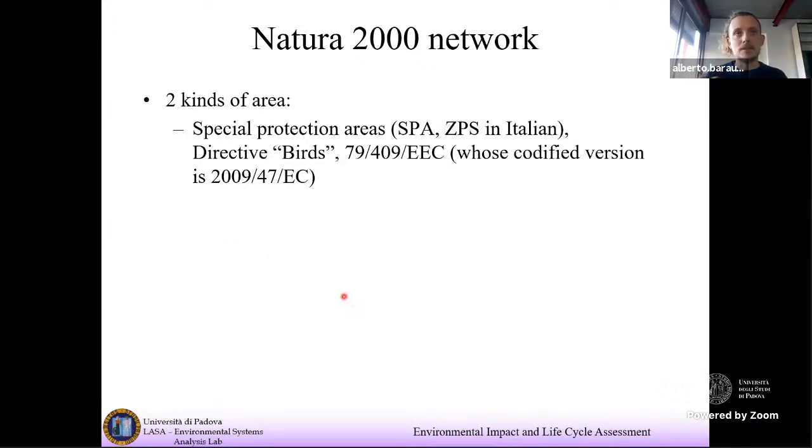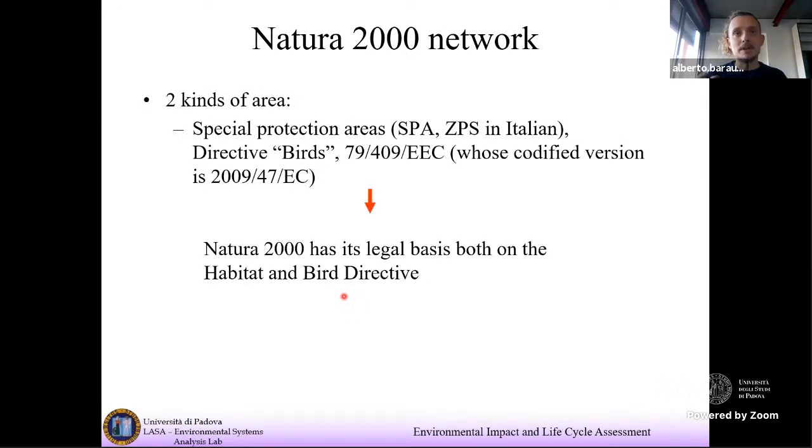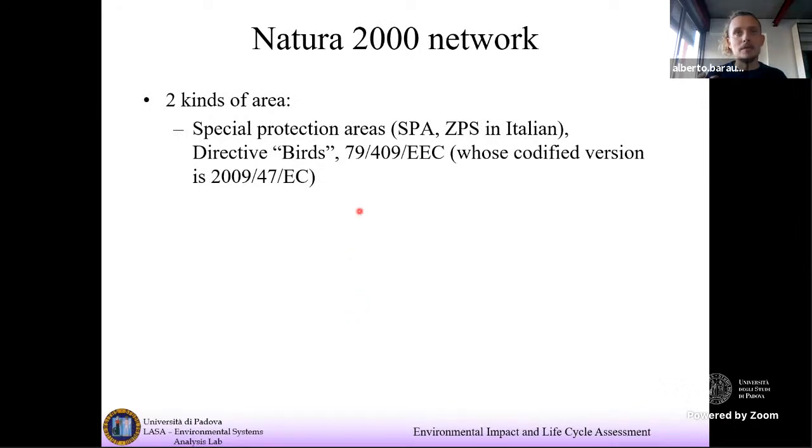So the Natura 2000 network is made of areas defined according to habitats and species, as I was saying, in that directive. But the Natura 2000 network also contains zone di protezione speciale, special protection areas, which are areas defined in the Birds Directive from 1979, whose codified version is from 2009.